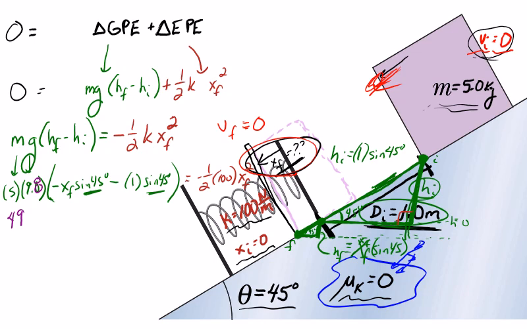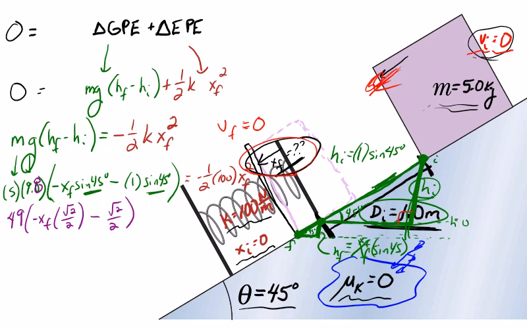So I really have a 49 that's going to multiply by the negative XF, and then times the sine of 45 degrees. Well, the sine of 45 degrees, we know, is the square root of 2 over 2. And so over here, I have a minus square root of 2 over 2. So I could actually pull that square root of 2 over 2 out.